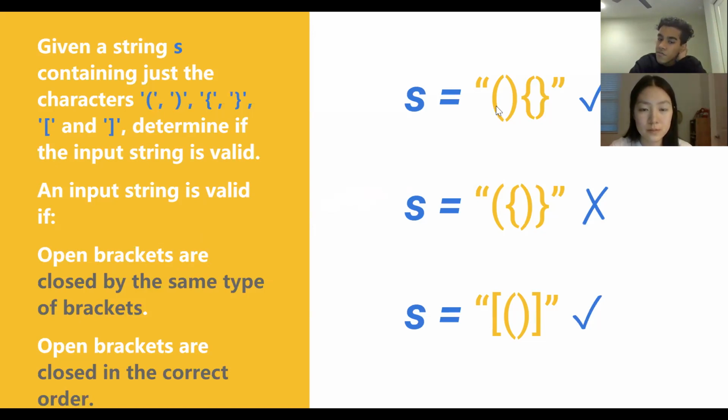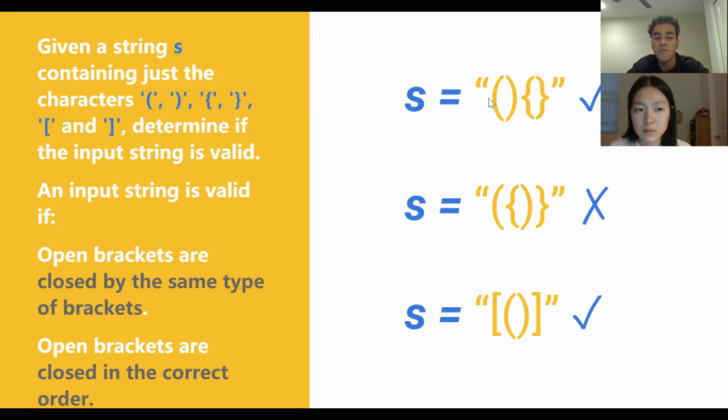For example, here we see a valid parentheses string where the opening bracket is a regular parentheses, then we see a regular closing parentheses. We see a regular opening curly brace, and then a regular closing curly brace. Because of this, a stack is useful because we want to remember what the last opened one was, to see if it matches with the newest closing string.